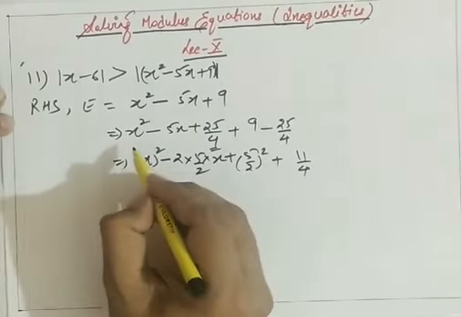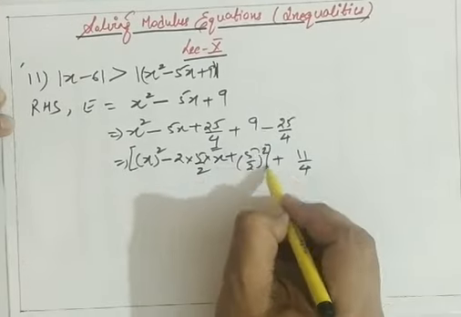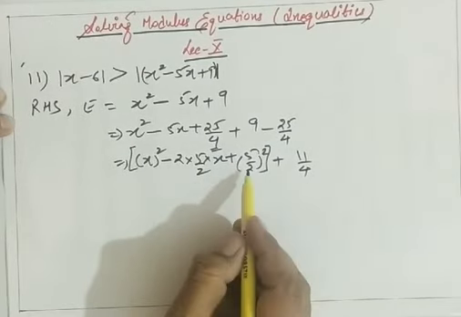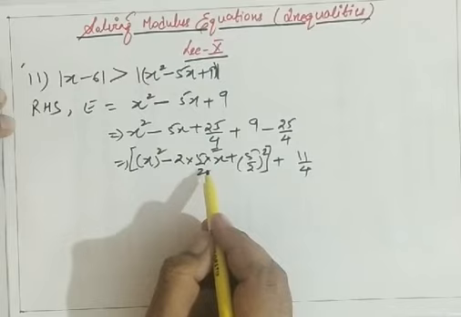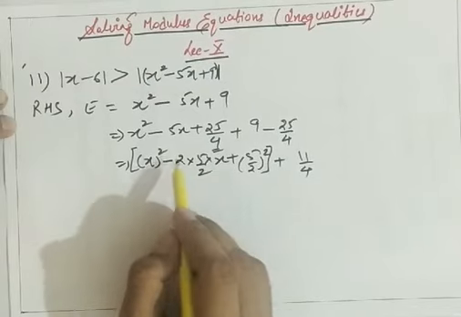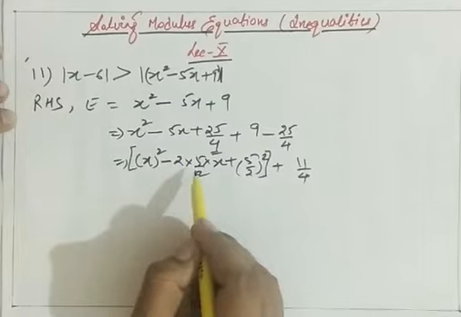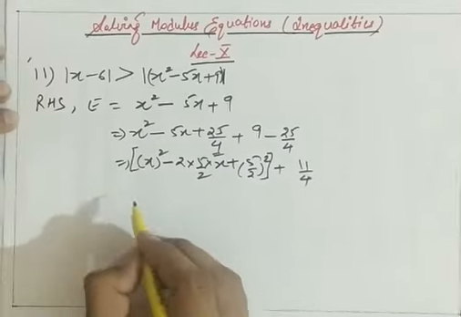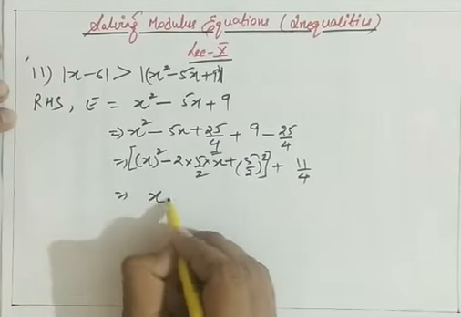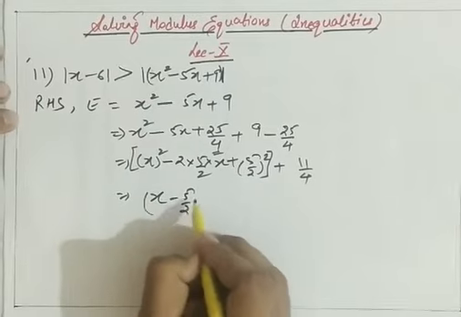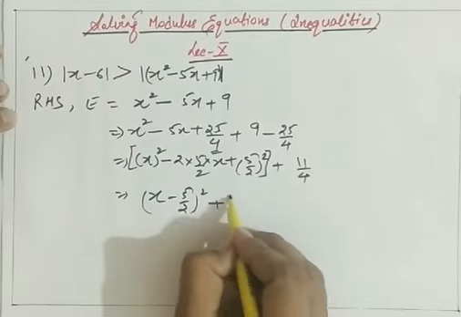So this is, let me put it in a square bracket, this part. This will be a square plus b square minus 2ab. So this will become the formula of a minus b whole square. You can see that I have written minus 5x as minus 2 into 5 by 2 into x. Now this will become x minus 5 by 2 whole square plus 11 by 4.